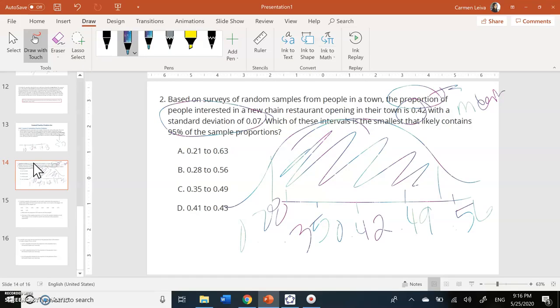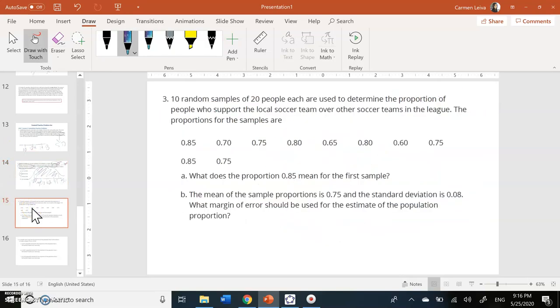Well, it's the next one, but that's within 3 standard deviations. So A doesn't make sense, C doesn't make sense, D doesn't make sense either. It's just 0.41 to 0.43. That doesn't make any sense. Therefore, the correct answer is B. It will be 0.28 to 0.56. And that's it.